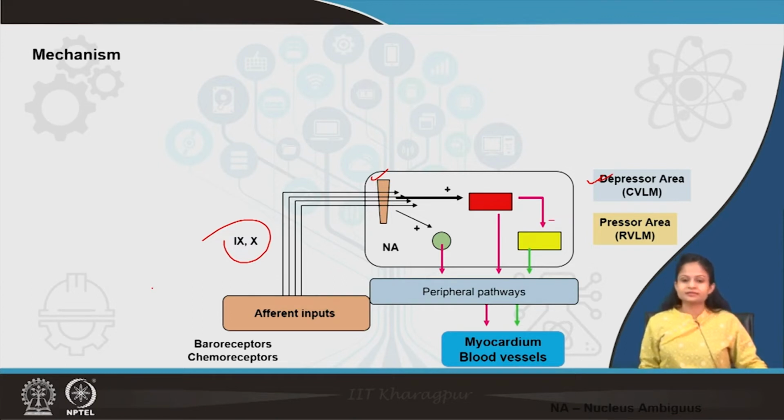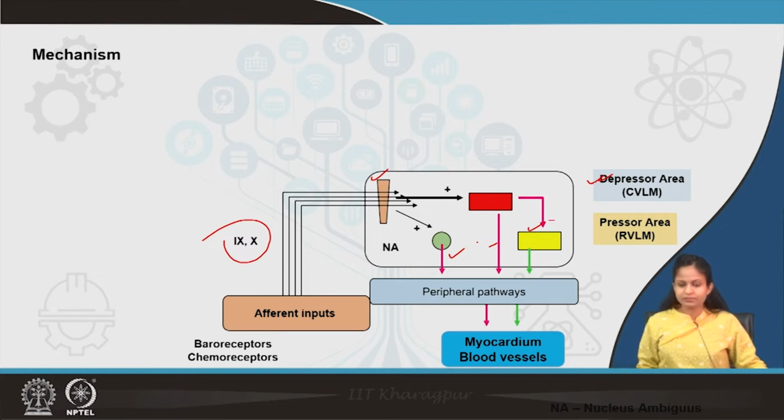They take the signals to the nucleus tractus solitarius of the medulla, that is the center, and then from the nucleus tractus solitarius, depending on the signals, the baroreflex mechanism occurs, where either the pressor area or the depressor area gets activated. Based on that, signals come through the cardiac inhibitory center or cardiac vagal center, the nucleus ambiguus, which gives the signals through the parasympathetic pathways.